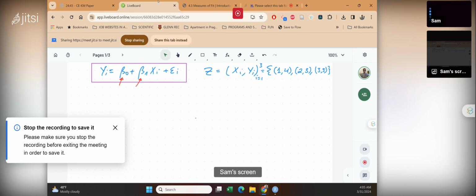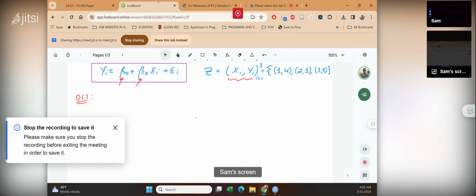So we know that the ordinary least squares estimator is going to be a good approximation. It's going to be a good estimator given you have a random sample, that is, the x and y pair is sampled randomly.